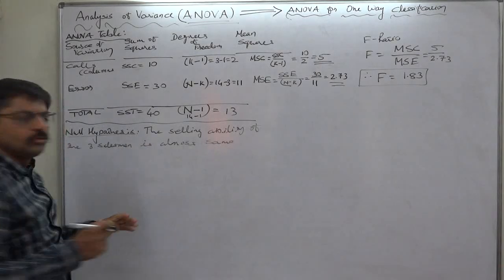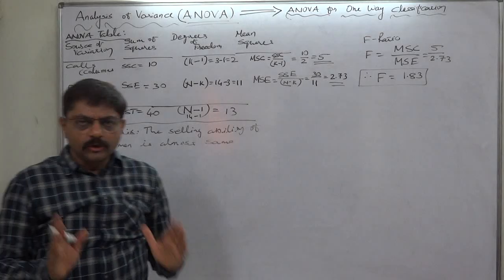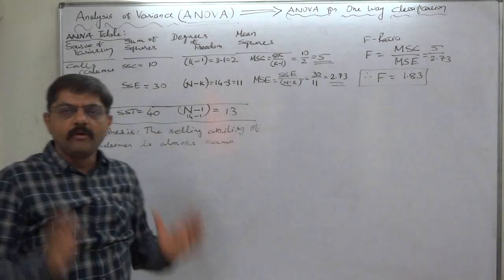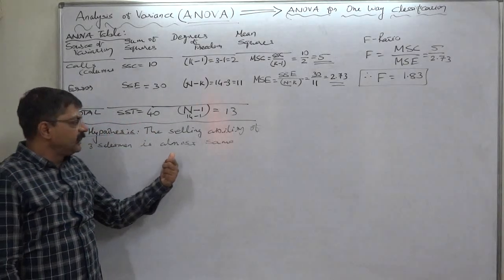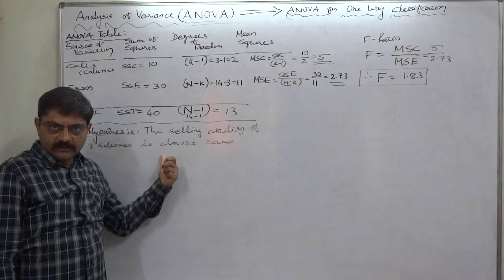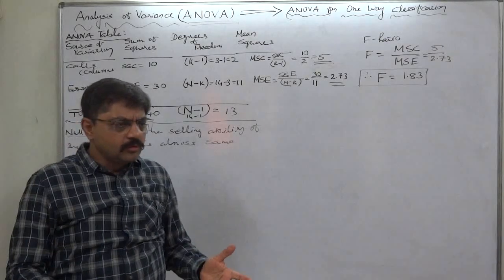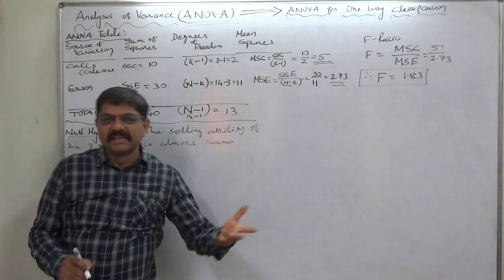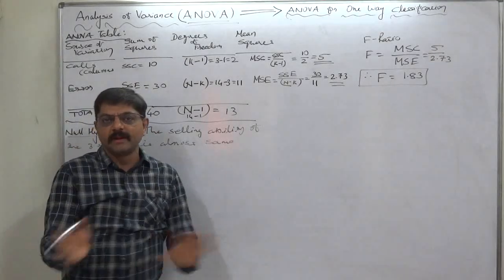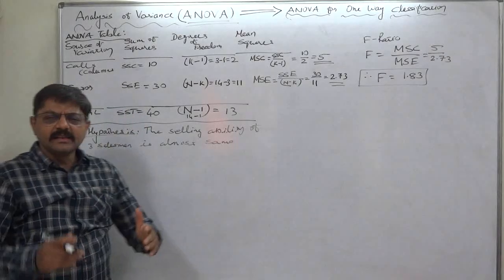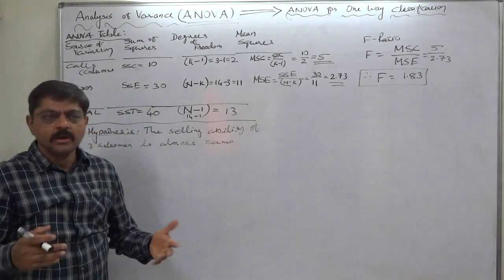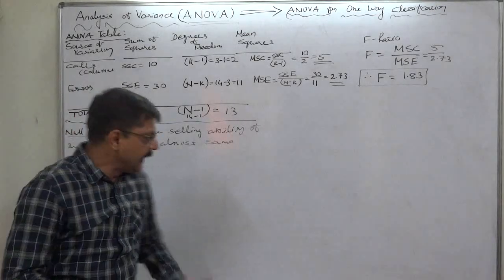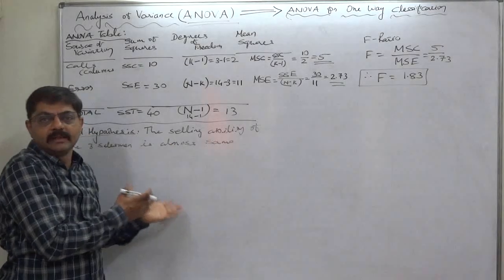Try to write the null hypothesis as well as the alternative hypothesis in simple words but relevant to the theme of the question. It is very strange to write it in sign only, or always in the same kind of words: there is no significant difference between means, and so on. It does not reflect your knowledge, your understanding about the thing. Because in practical life, we have to think about it in this way only.